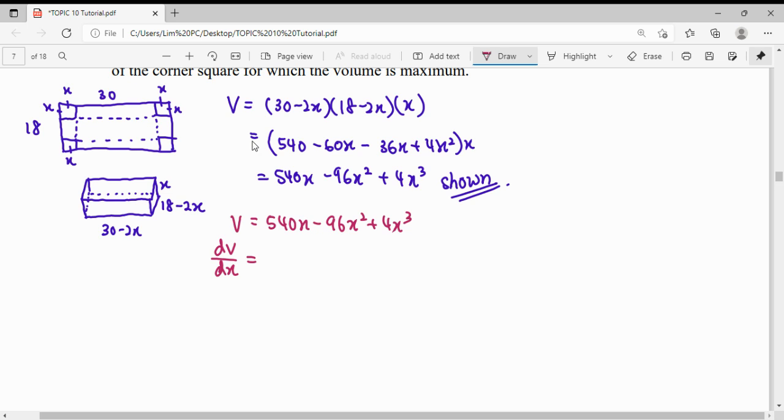This will give us 540 minus, the power moves to the front, power minus 1, and then the power moves to the front, power minus 1. After we differentiate it, we let it equal to 0 to find out the critical value.